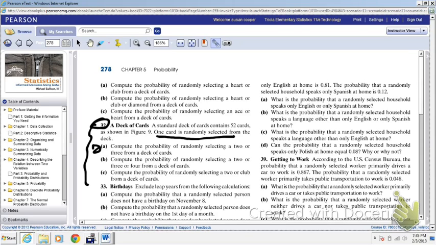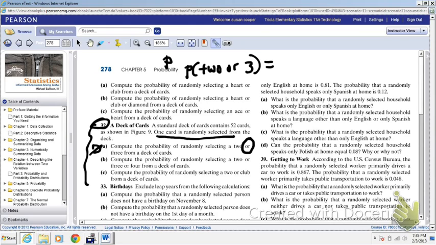In part A, compute the probability of randomly selecting a 2 or 3 from a deck of cards. Keyword: or. So I'm going to write it here. Probability I select a 2 or a 3.